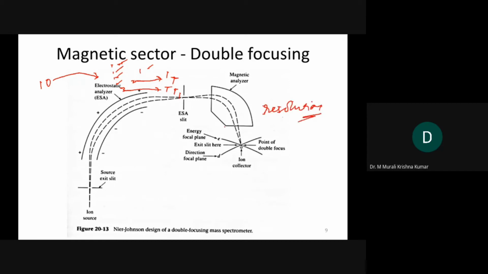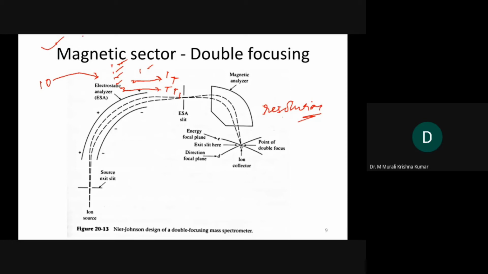So that is the advantage with the magnetic sector. This is one of the oldest, but the problem here is when you go for double focusing, the instrument will become so big. Second, when you add one more magnetic sector, that region also has to be maintained with vacuum, so there is a huge load on vacuum maintenance. Price will be affordable, but the problem is with the technicality: vacuum is to be maintained.